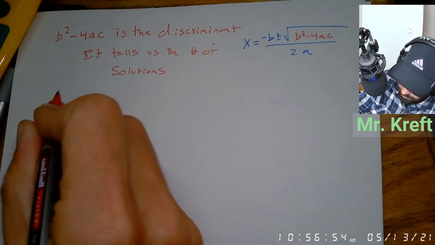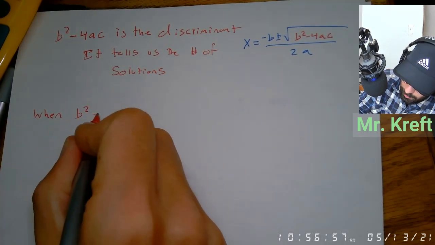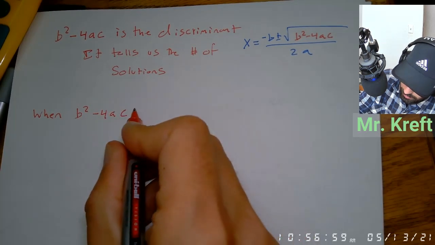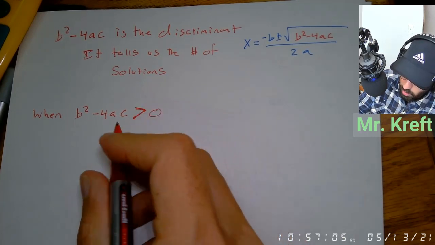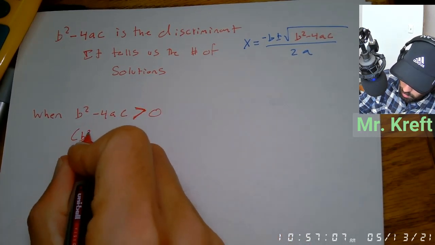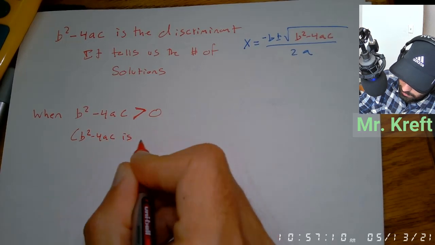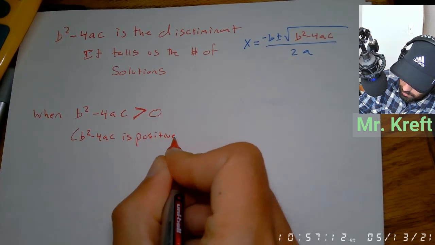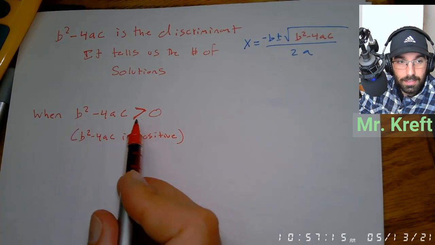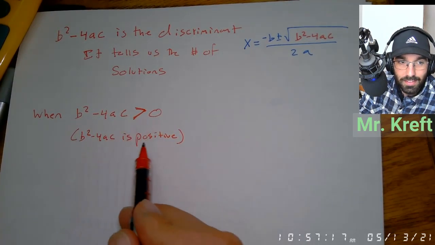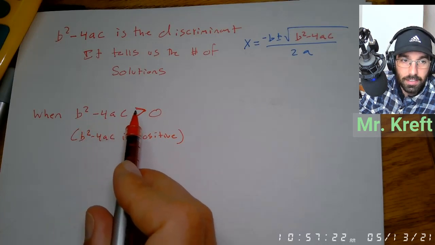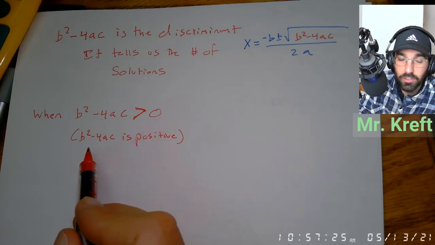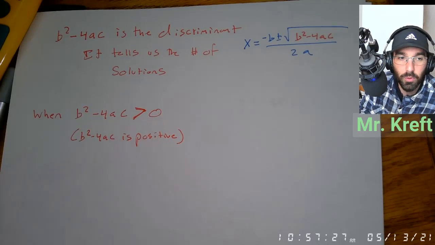So when b squared minus 4ac is greater than 0, or you can say b squared minus 4ac is positive. This top one is math language, and this is English. Math language says b squared minus 4ac is greater than 0, which is the same as saying it is positive.